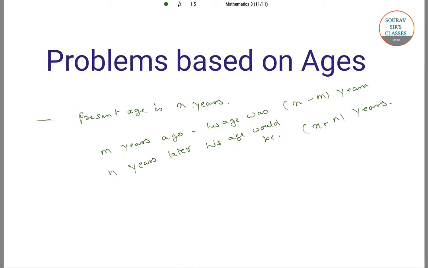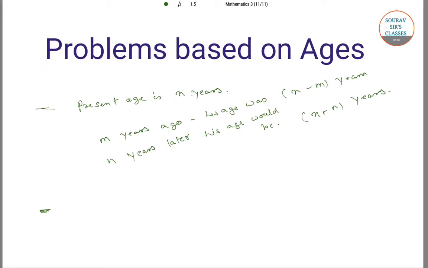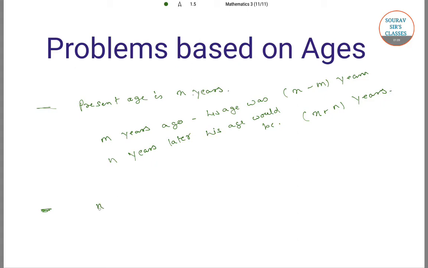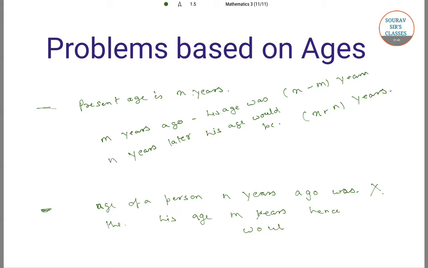Now suppose we are given that the age of a person N years ago was X. Then his age M years hence would be X plus N plus M years.